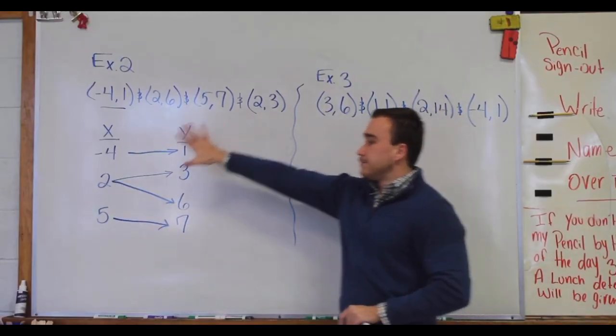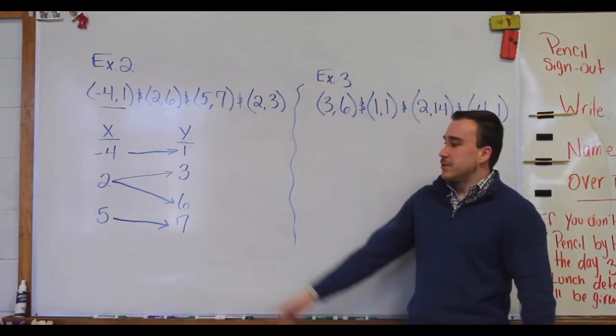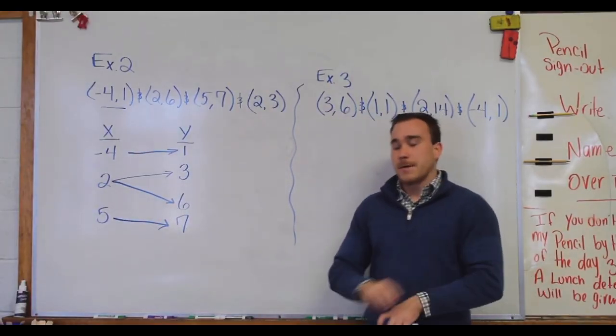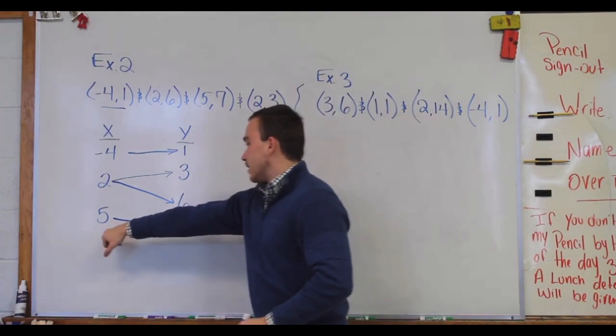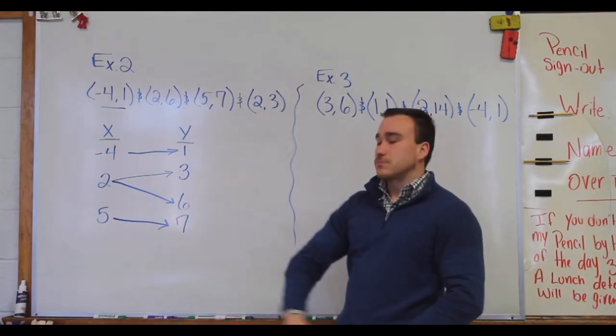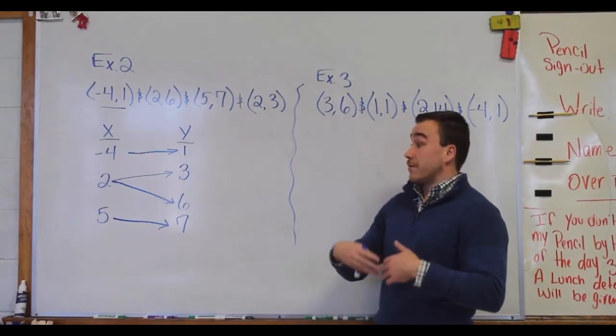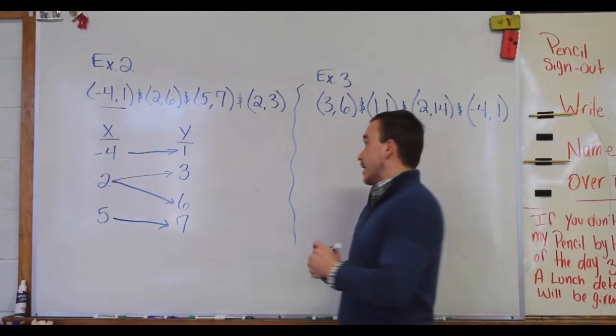This is why we show arrow diagrams. If you see that this 2 has 2 arrows coming off, it's automatically not a function. We have 5 has one output of 7, but because this 2 has more than one arrow coming off of it, or more than one output, it is not a function.